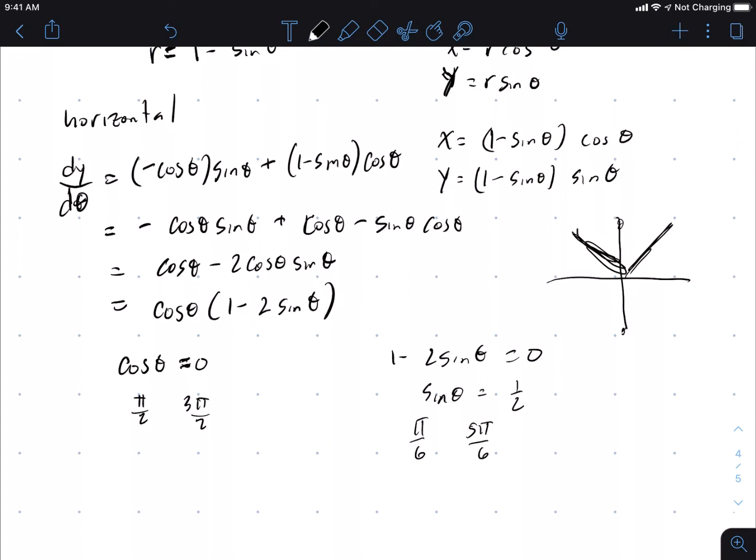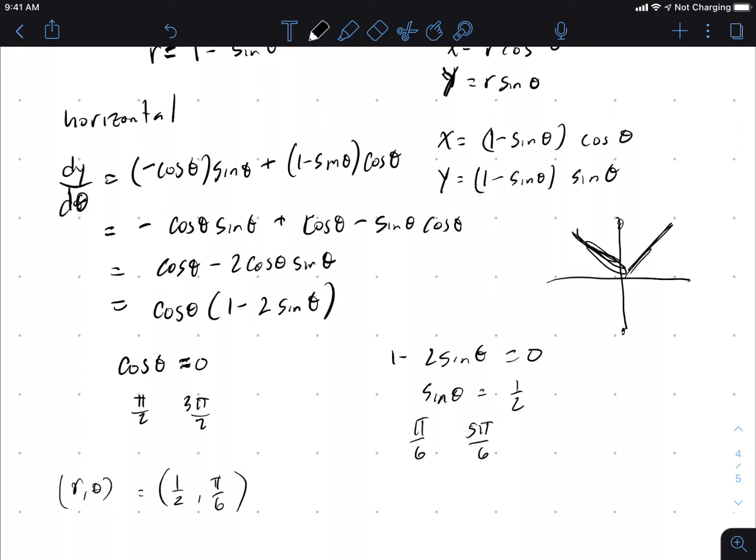Okay, so now we got to put them in the points. So where do these points occur? Remember, we want r comma theta, right? So the values that we're going to get are 1/2, pi over 6.